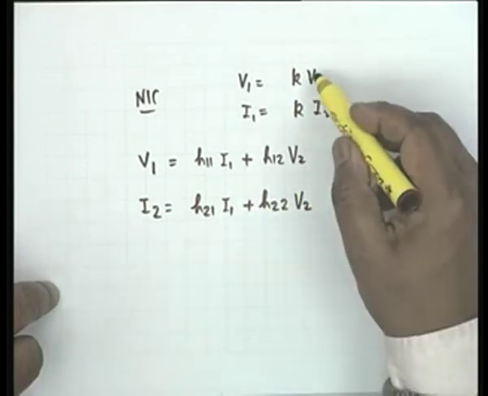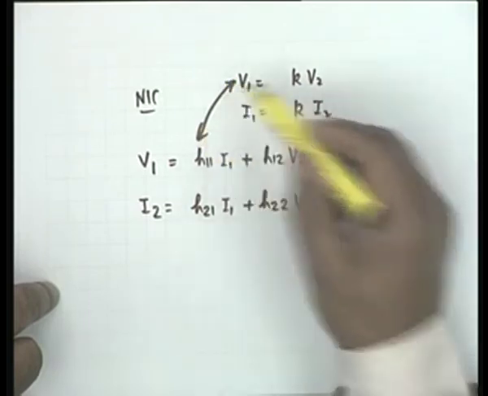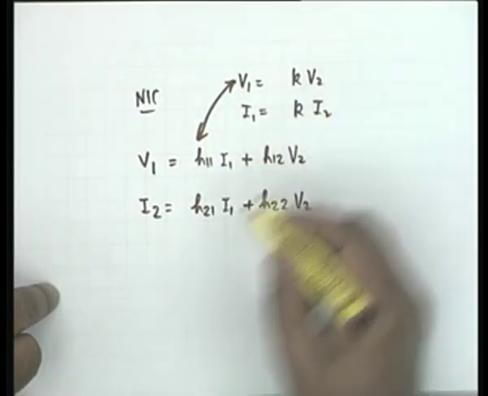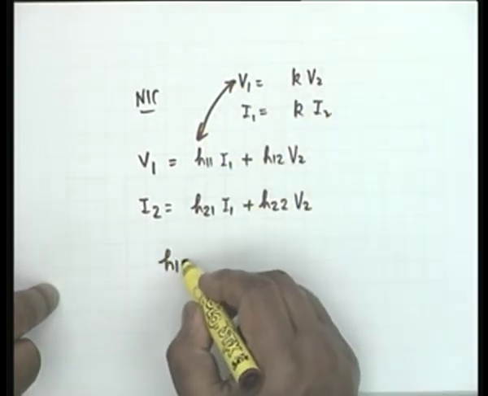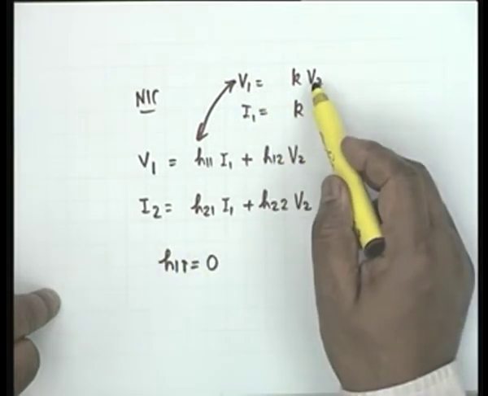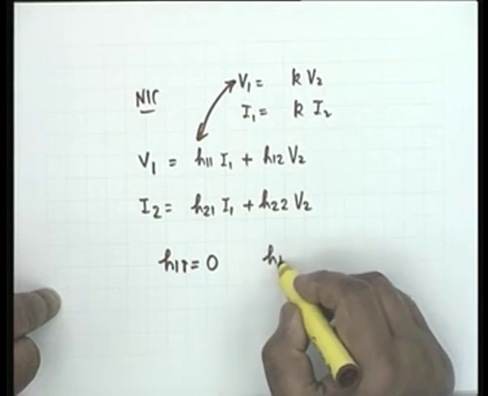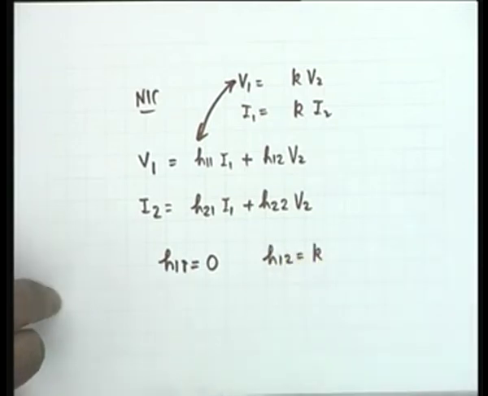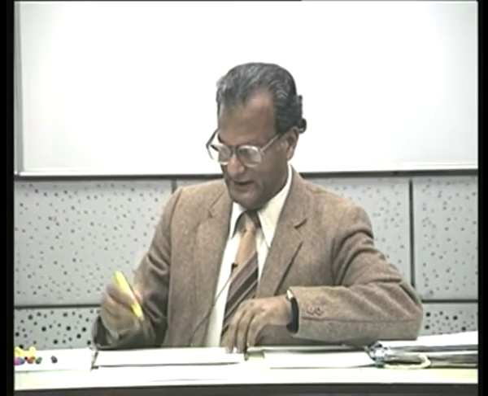If I compare this relation with this relation, then obviously what I get is H11 is 0, V1 equal to simply K V2, and H12 is equal to K. Agreed? All right.